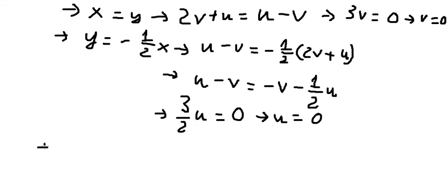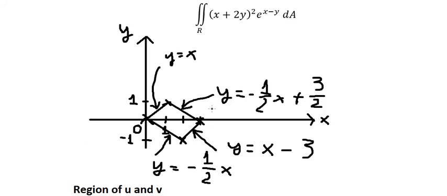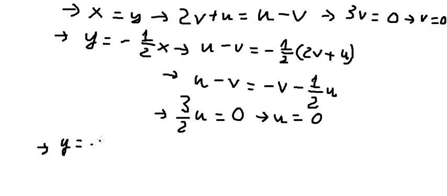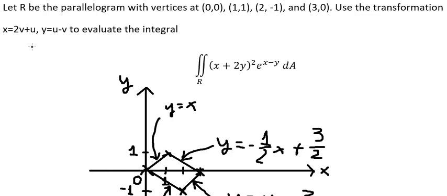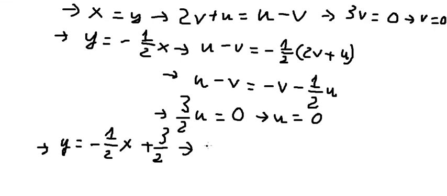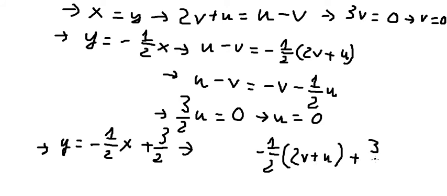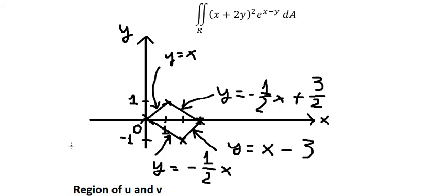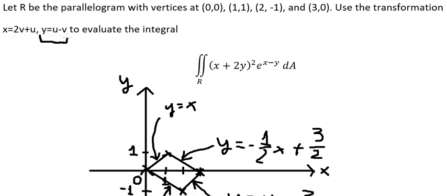Now the next one, we have y equals negative 1 over 2 x plus 3 over 2. So we put x, that is 2v plus u, and we have 3 over 2. About y, we have this one, u minus v.